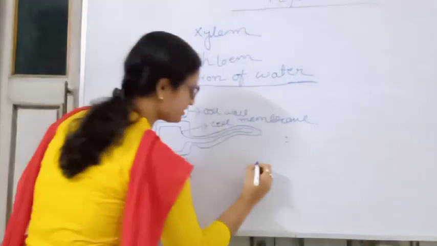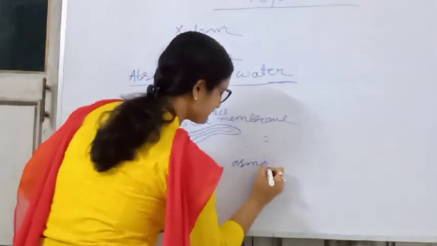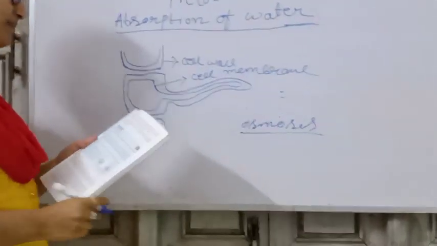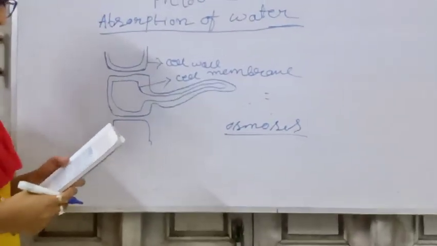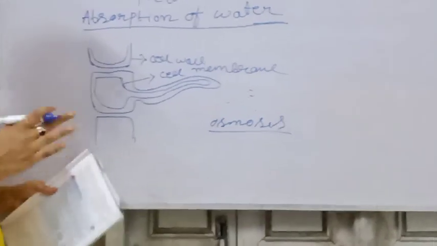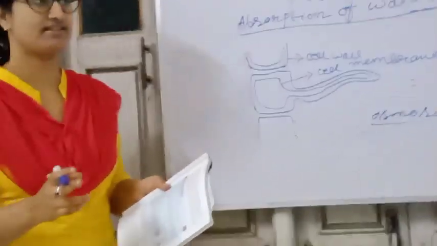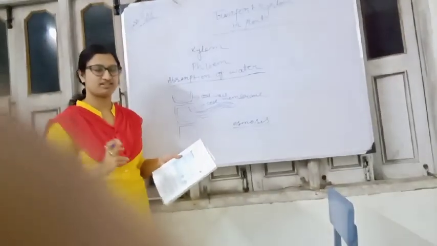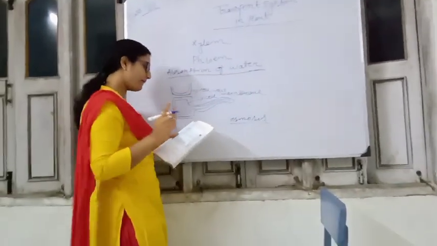What is osmosis? Osmosis is the process by which the molecules of a solvent such as water move from the higher concentration to the lower concentration through a semi-permeable membrane.